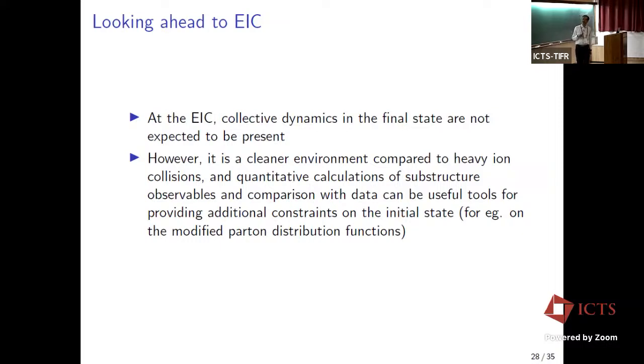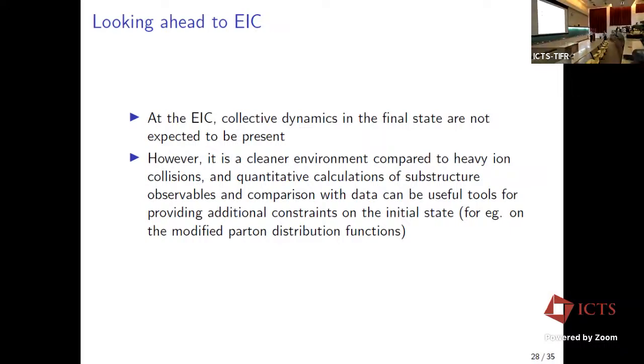And quantitative comparisons with data for perturbative calculations of observables would actually give additional constraints on the initial state, which should be additional to, for example, just looking at yields and distributions of single particles. So with that, I'll stop and wait for questions.